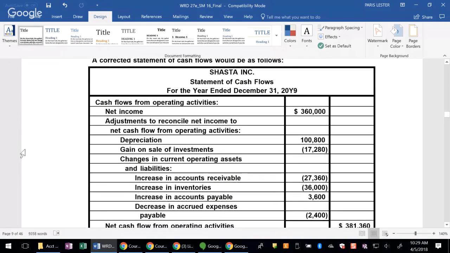Now, on number 18, do you have 381, 360 for operating? You all have that, John? No, I added the decrease in expenses?